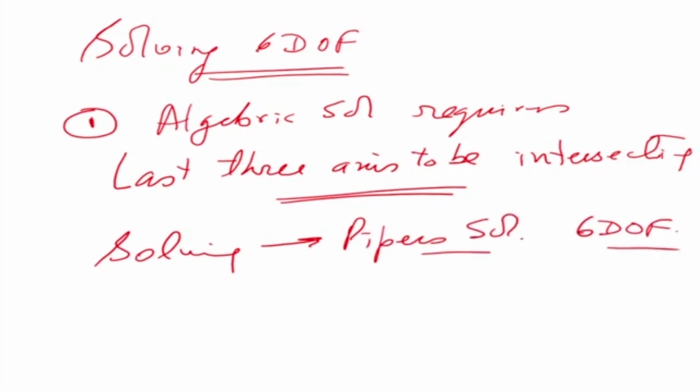Okay. So something very important: for an algebraic solution to exist for a 6-degree of freedom system, the number one requirement is that the last three axes should be intersecting. Now, very interestingly, the last three axes of the human arm are not intersecting. So the human arm does not have a closed form solution, because the last three axes are not intersecting.